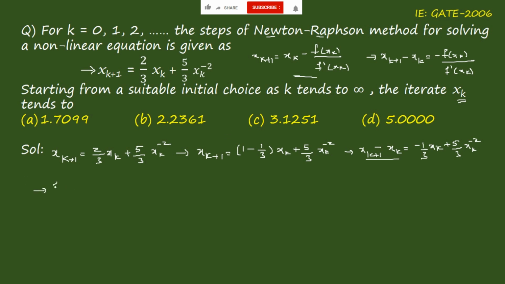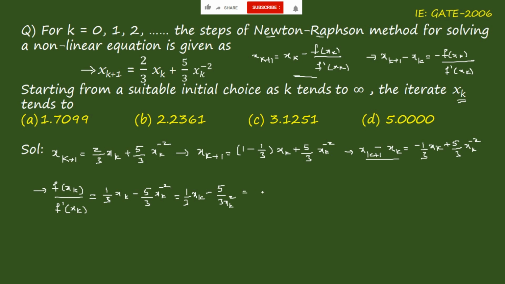So f of x of k by f dash of x of k is equal to, minus gets cancelled, 1 by 3 x of k minus 5 by 3 x of k power minus 2. Now we can write this as 1 by 3 x of k minus 5 by 3 x of k square, as it is minus 2.